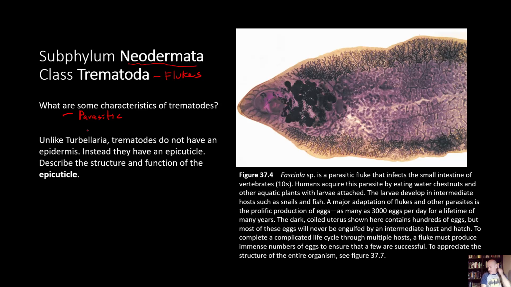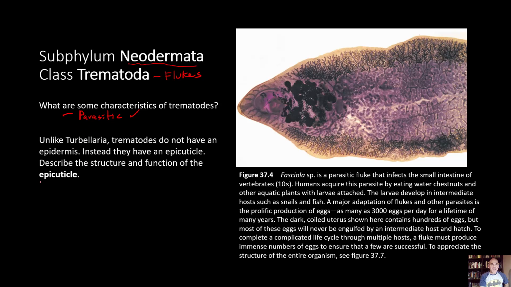They have all the basic characteristics we saw for Platyhelminthes, but this is a big one here: they're parasitic. Many of them are going to have complex life cycles involving multiple hosts. So they'll go through one part of the life cycle in one host and then move on to another host. We kind of saw that in protists when we were looking at Plasmodium, the one that causes malaria, where you had both a human and a mosquito as part of the life cycle.